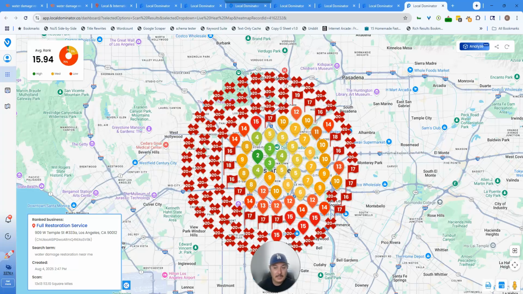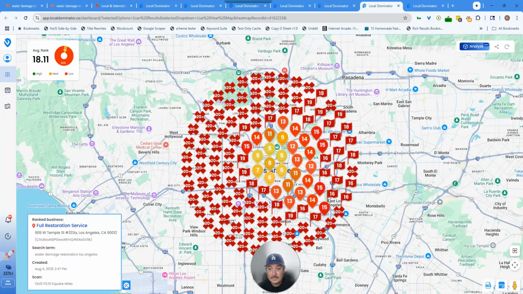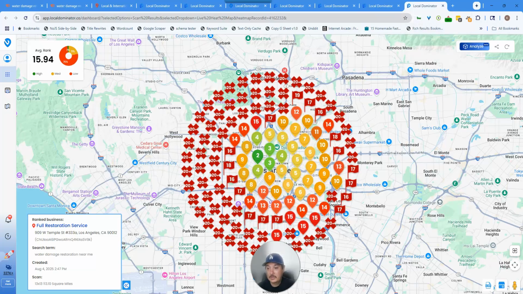And this is one of the things that once you really start to know what you're doing, you know what to look for, you can tell who is actually spending money on SEO and who isn't, right? If somebody's rankings for service in city are lower than their rankings for service near me, you know they're probably spending money on good SEO, because that SEO actually knows what they are talking about, right?